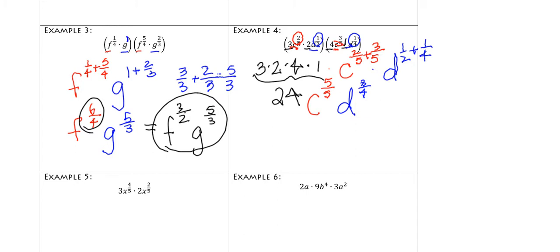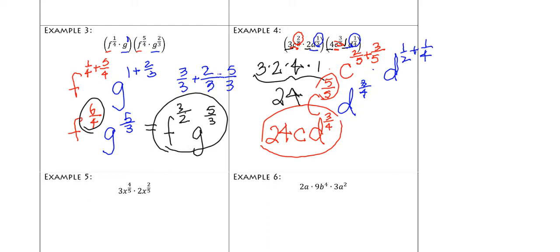The last thing I want to do here is change this 5/5 to 1, because 5/5 is just 1. So our final answer is 24c to the first power, and we don't usually write that 1, d to the 3/4 power. Here's our final answer.